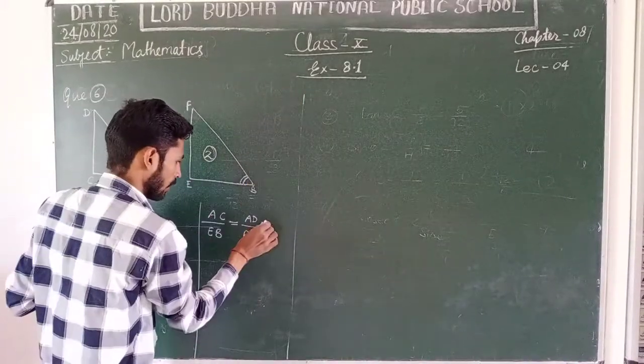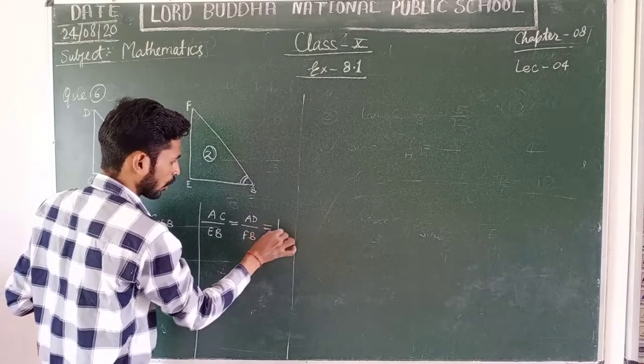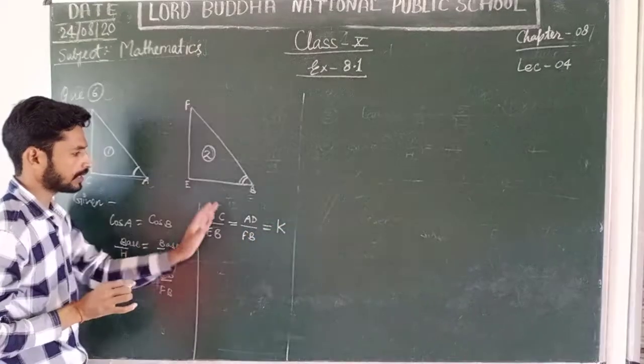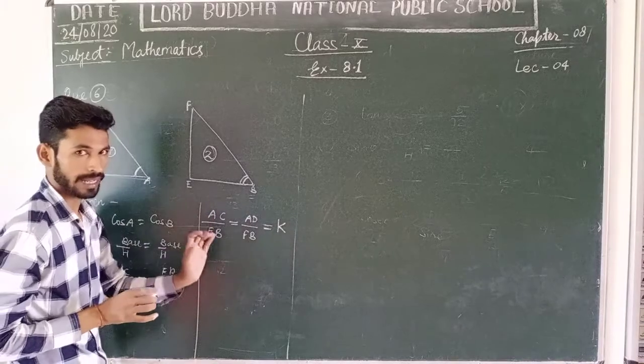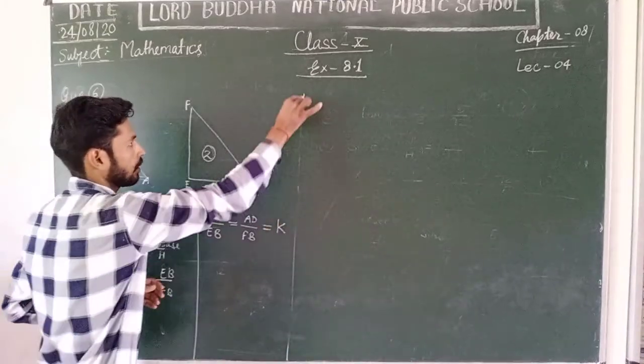So suppose that there is a constant K, all these ratios are equal to K. I am supposing here.